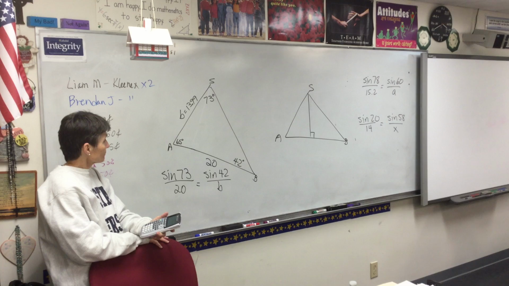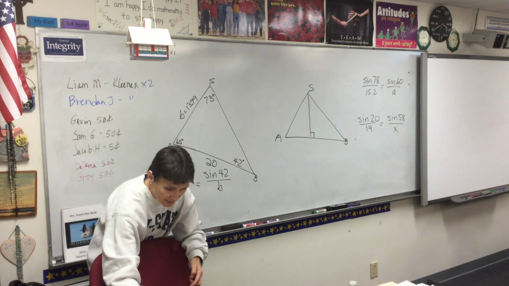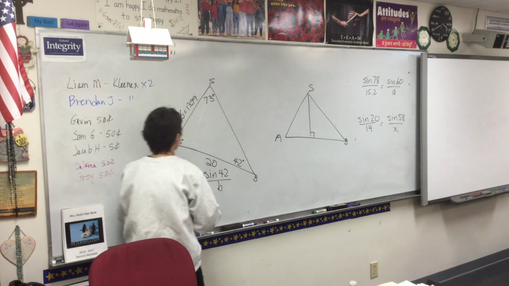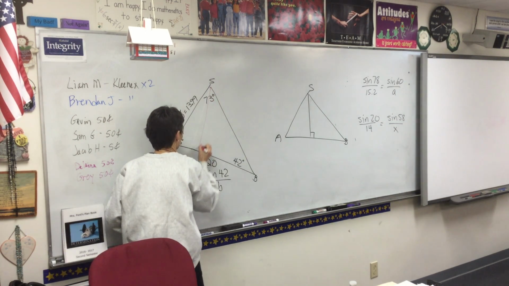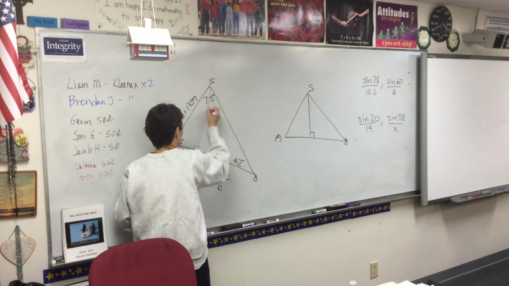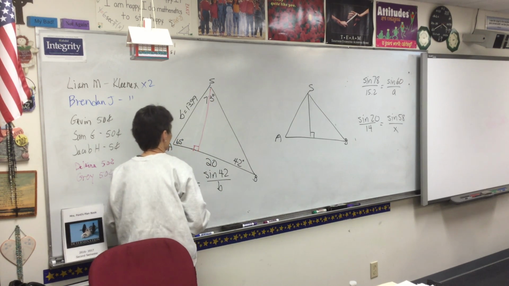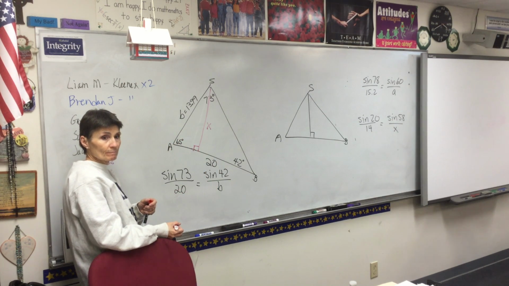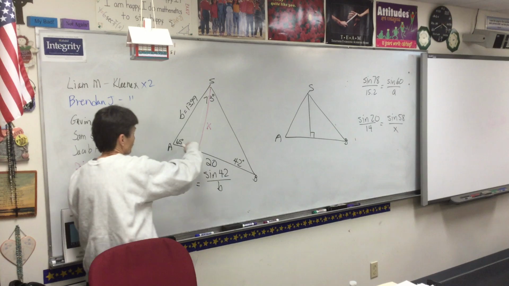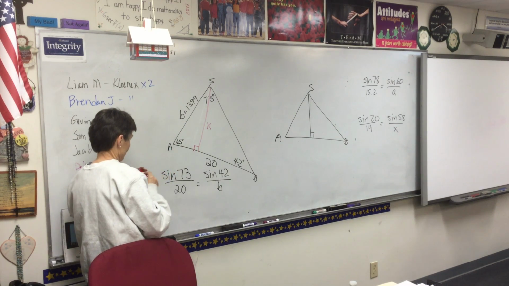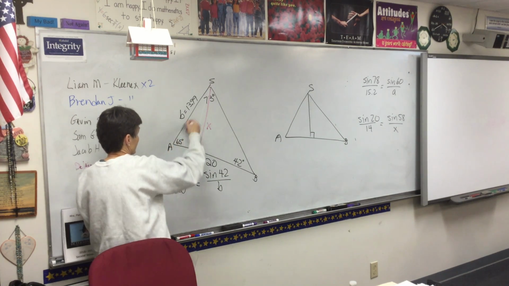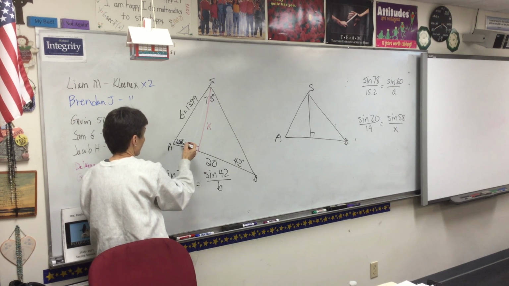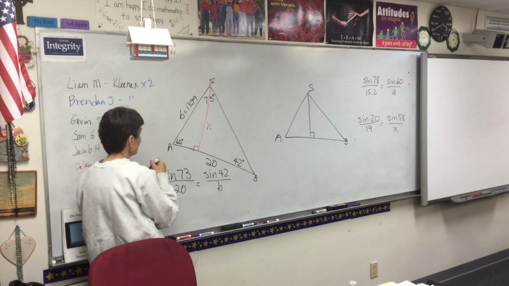Okay. Now, you're sitting there thinking, Mrs. Ford, why in the world did you do that? Well, let me put my perpendicular back in. And that is what I really want to know the length of, right? Look at this right triangle now. Think about SOHCAHTOA or the law of sines, it doesn't make any difference.